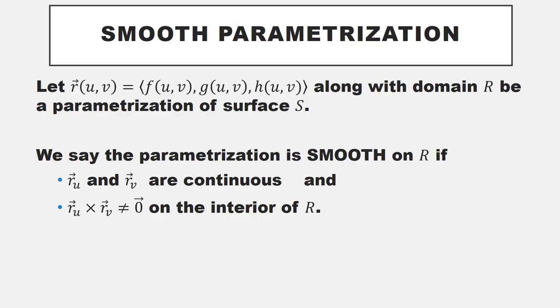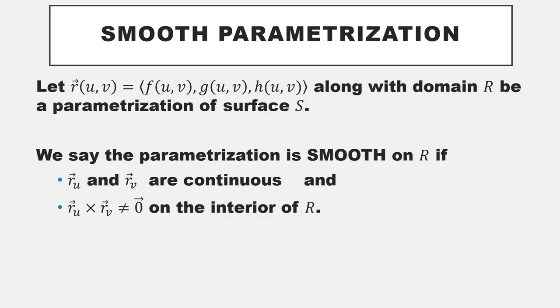If we have 2-dimensional inputs, then the parameterization is smooth if both of the partial derivatives, that is the partial derivative with respect to u and the partial derivative with respect to v, are continuous, and the cross product of the partial derivatives is not the 0 vector on the interior of our domain R. So basically, we want to have nice partial derivatives, and we don't want our cross product of the derivatives to be the 0 vector.